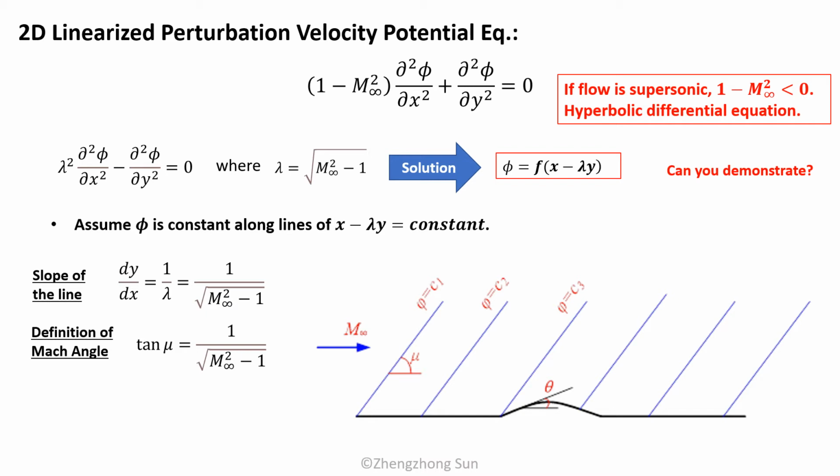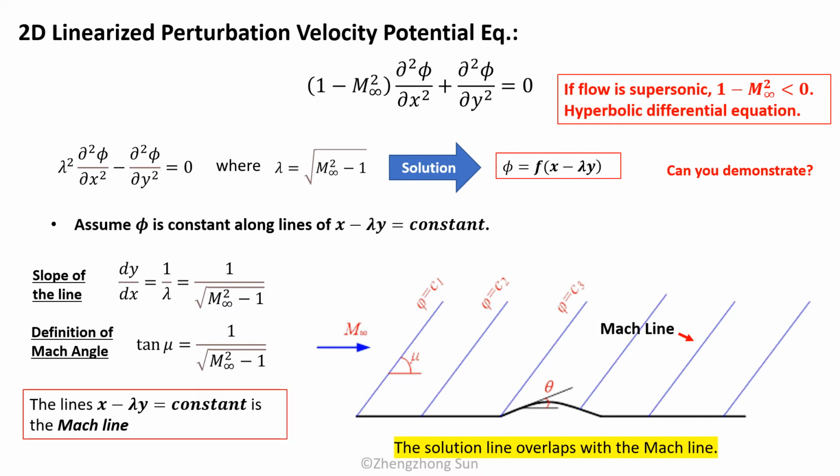In supersonic flow, the Mach wave has an angle of mu, and tan mu is exactly the same as dy/dx. So in this case, our solution of phi is actually along the Mach waves. Is that a coincidence? I don't think so. The solution lines overlap with the Mach lines, and our solution will be along the Mach lines.